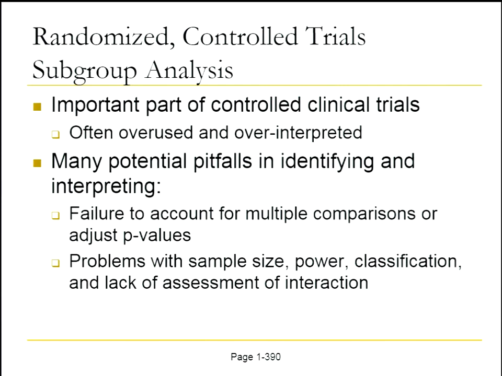So what are some potential pitfalls that happen with these kinds of studies? Well, one is, because by definition, this is not the primary endpoint, we're going to be making more comparisons or multiple comparisons, and we need to adjust our alpha value or our p-value as a result of that.